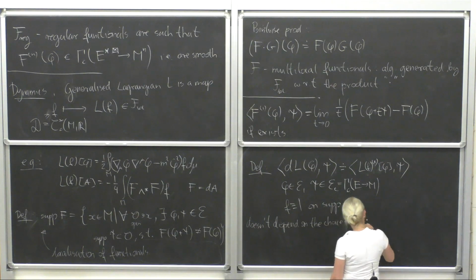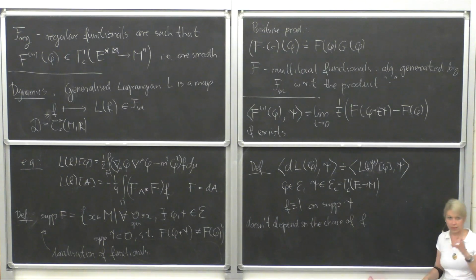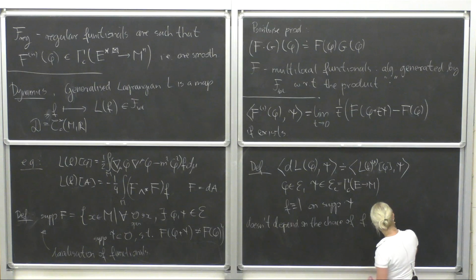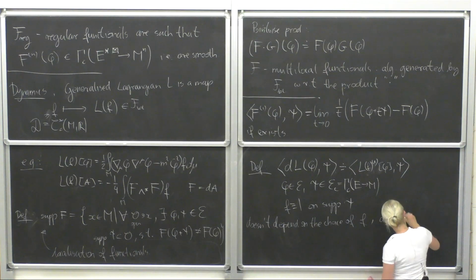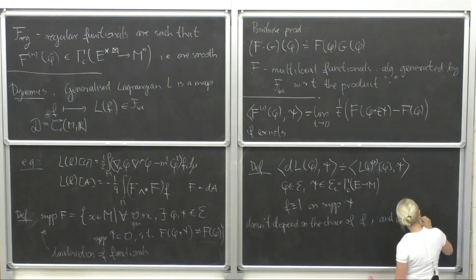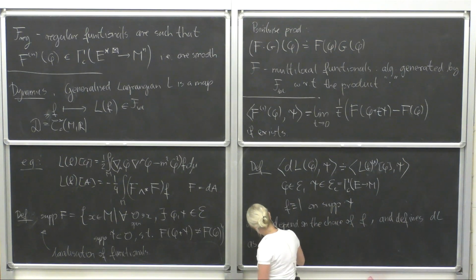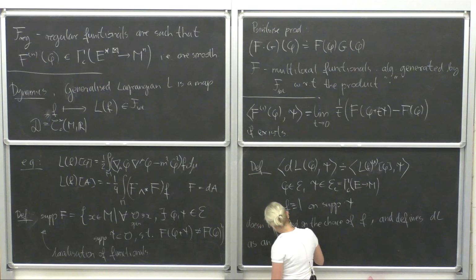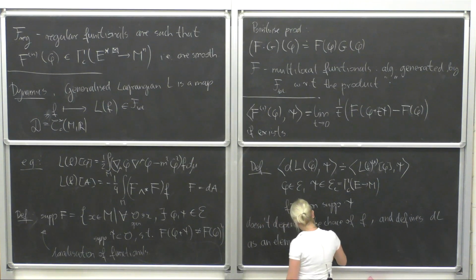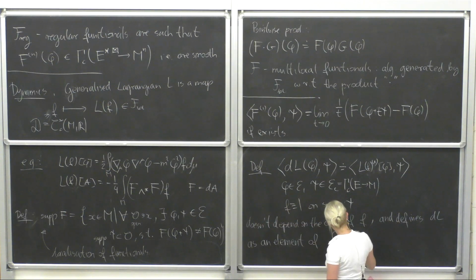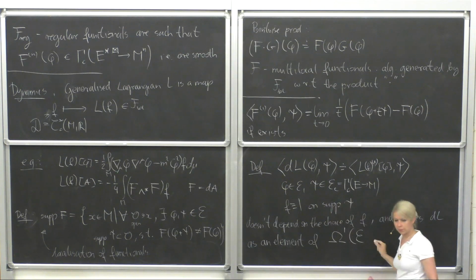It defines dL as an element of complex-valued one forms on the space of configurations.